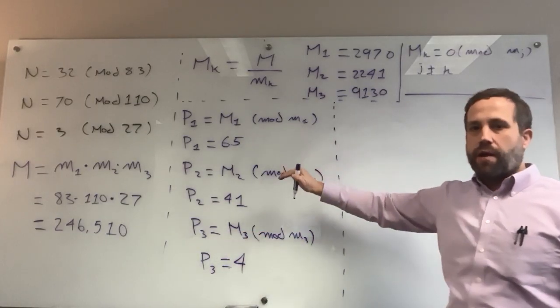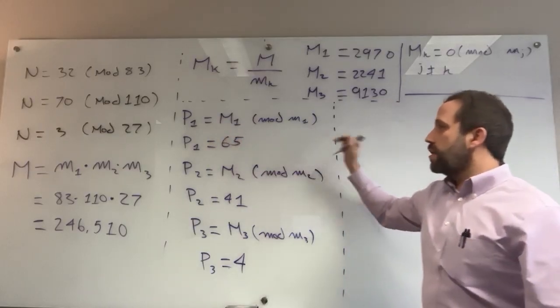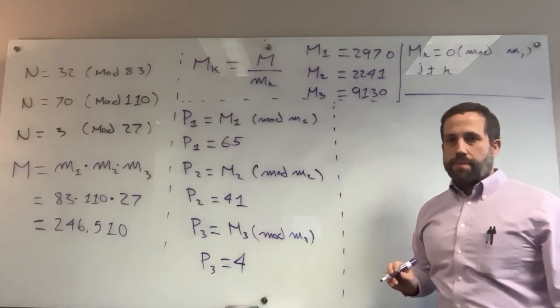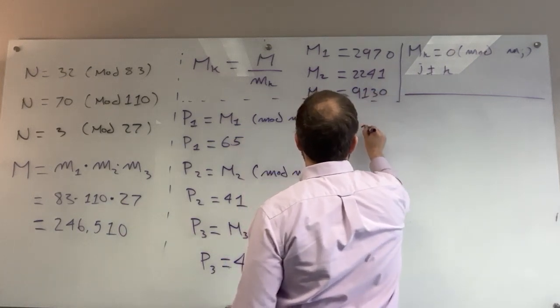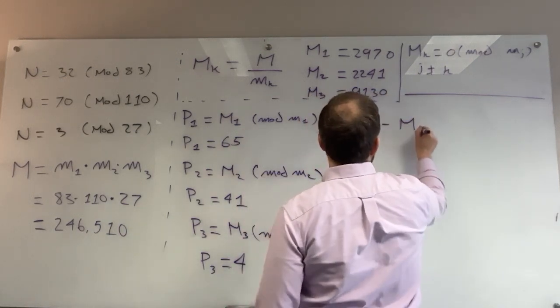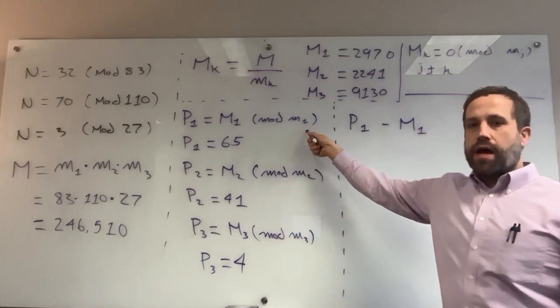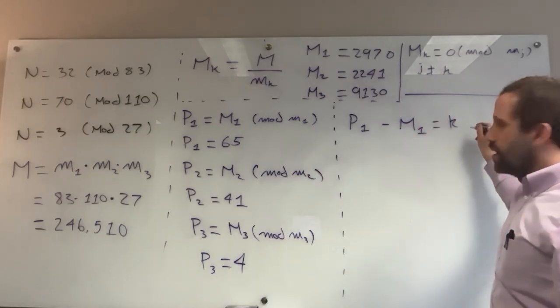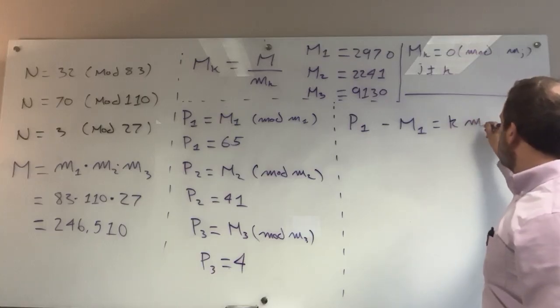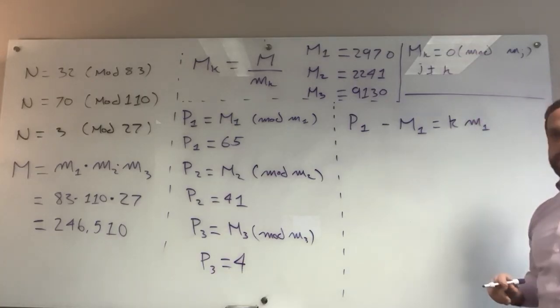Let's look at P1. I'm going to explain why P1 and little m1 are relatively prime. I know that P1 and big M1 are congruent mod little m1, so their difference is equal to some integer k times little m1.